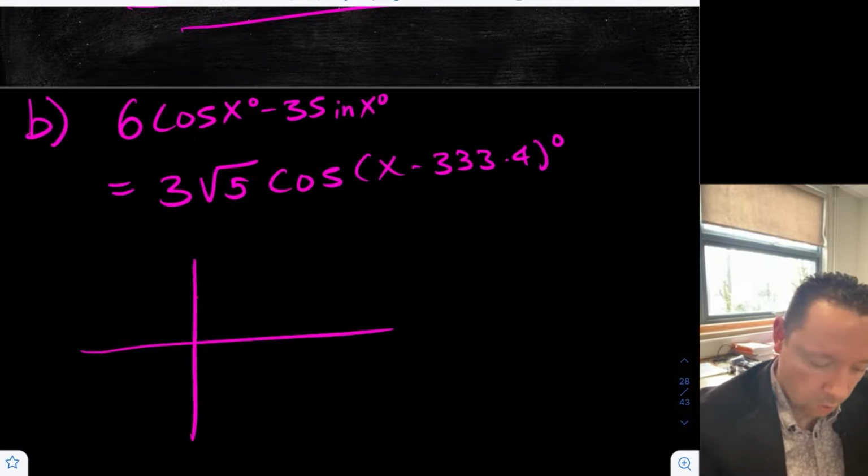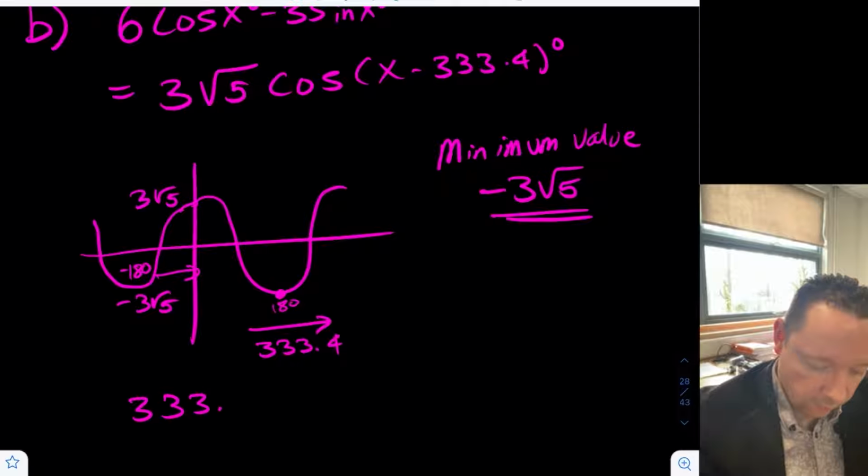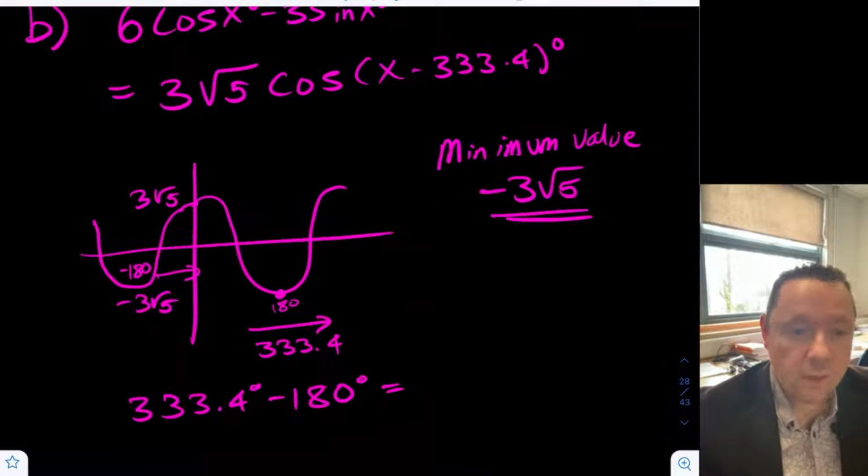Or if you imagine the cos graph continuing behind me, that would be minus 180. So I can just do that shifted to the right. I would get 333.4 minus 180. If I do that sum, I get 153.4. So it occurs at 153.4 degrees, and we're done there.